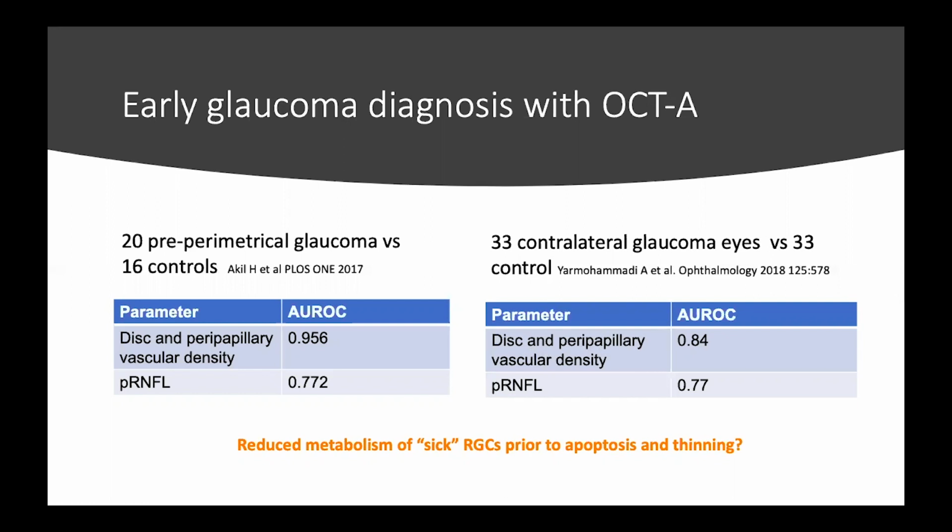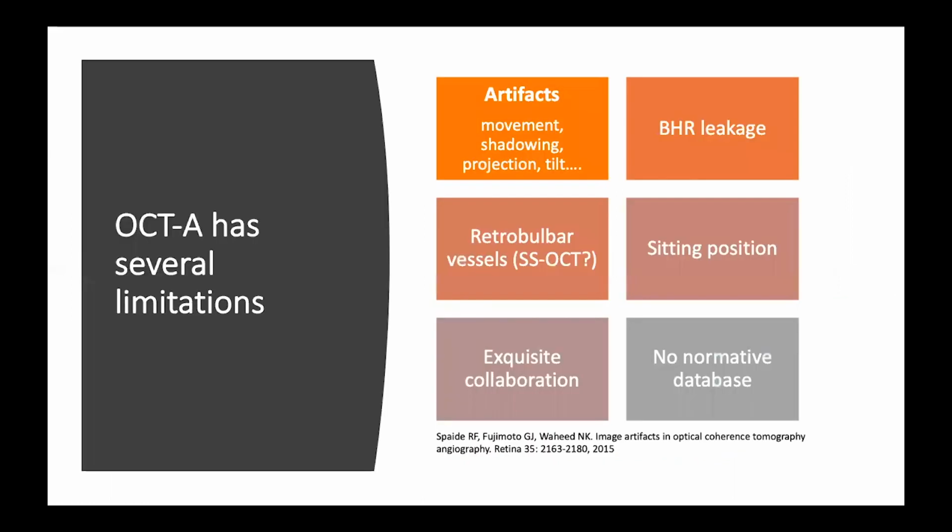That could be a sign of sick cells, but maybe it could be that before thinning, they change things in flow or in density of vessels, but we don't know because this technology still has some limitations. Artifacts, movements, shadowing, projections of the big vessels that the new segmentations will need to address.